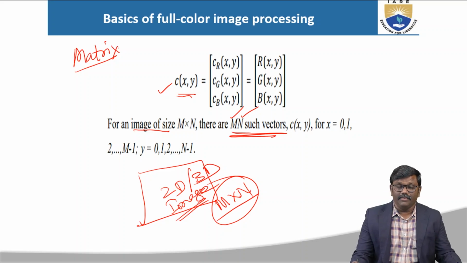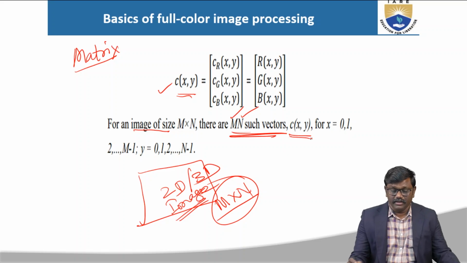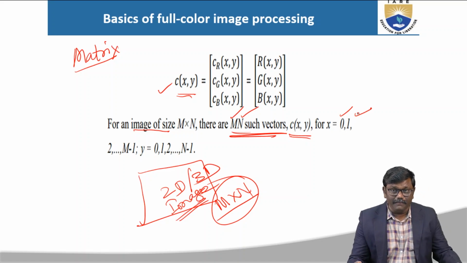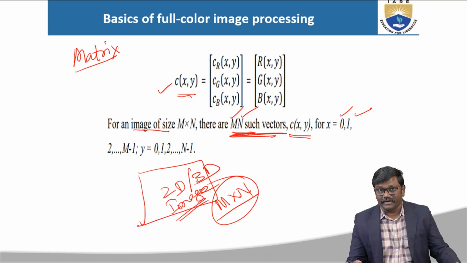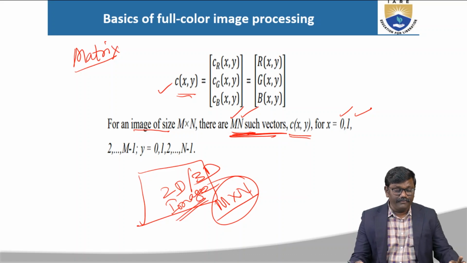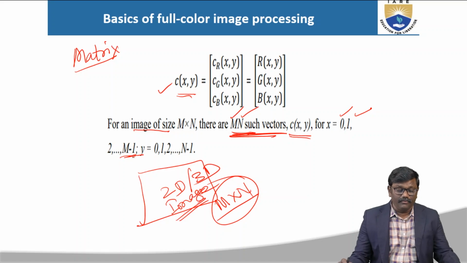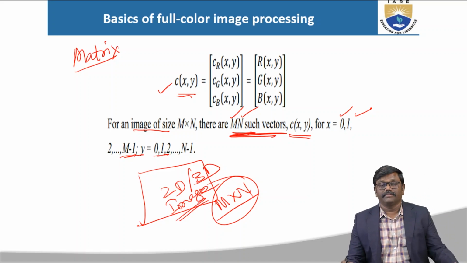This x comma y we make satisfy the function for x equal to 0 or x equal to 1, which helps us with the MN vectors. If not, then we consider M minus 1, where y values change from 0 to N minus 1.